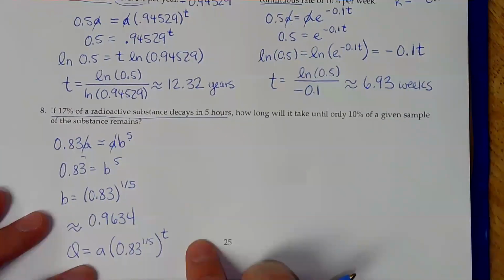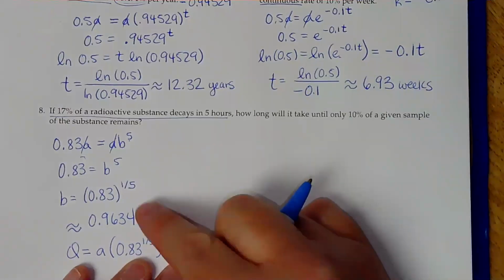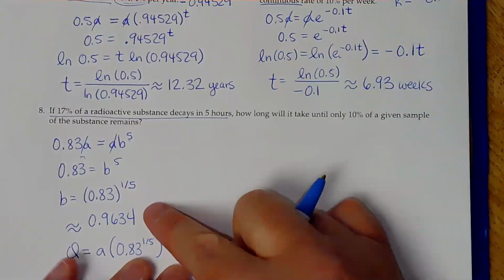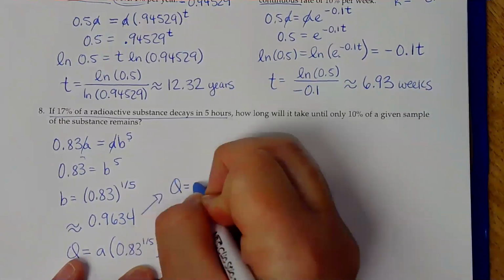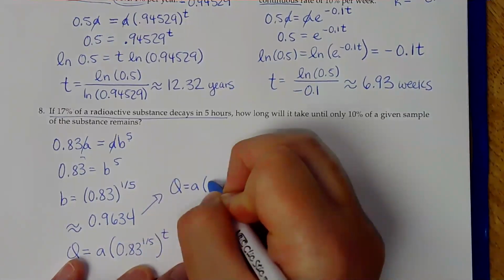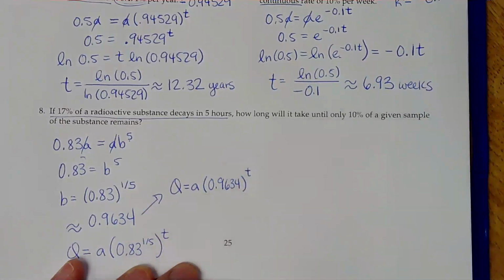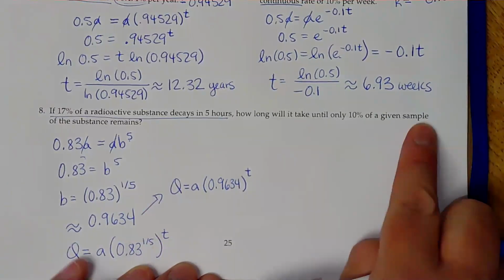All right, we will use this, and then I'll tell you what the difference is between the number we get using this one and the number I got using that one. So our formula here then is really going to be Q is A times 0.9634 to the T. So that's what we're going to use. And now what we want to know is how long will it take until only 10% remains?